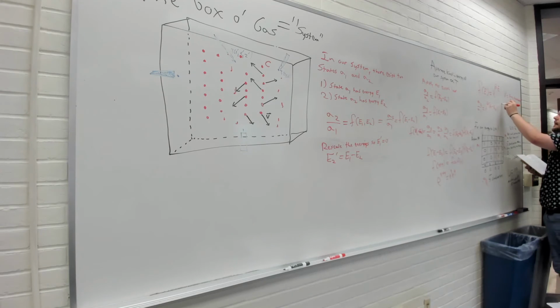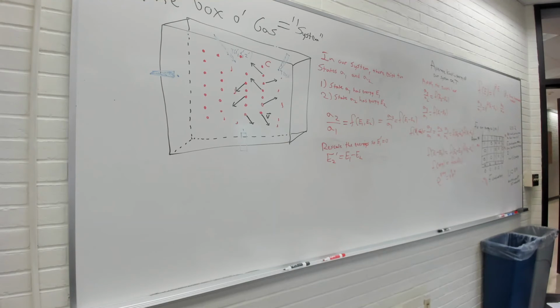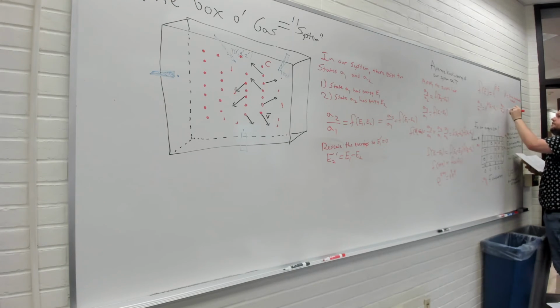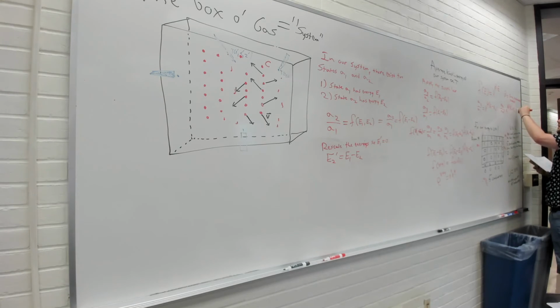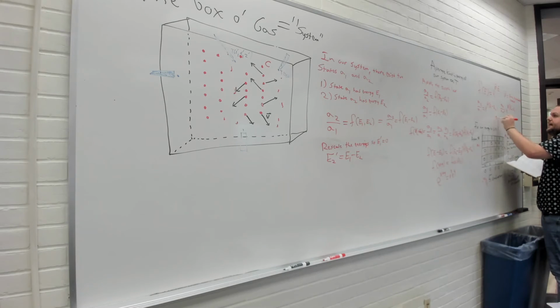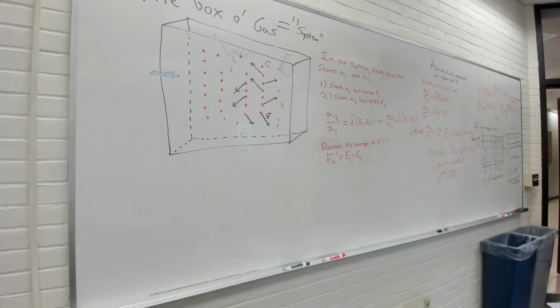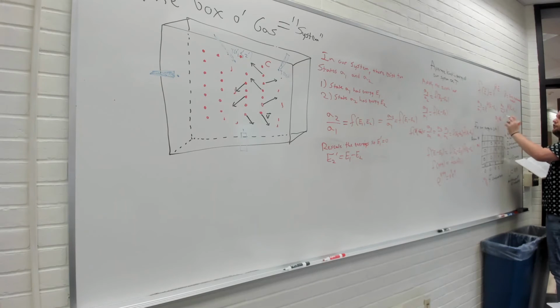So you could say in general that the ratio of states n over states m is e to the minus beta times E_m minus E_n. Which means that the amount of states of any old state j has to be proportional to e to the minus beta E_j.